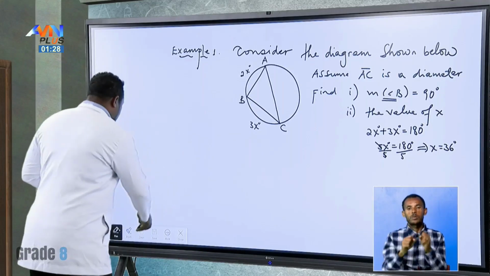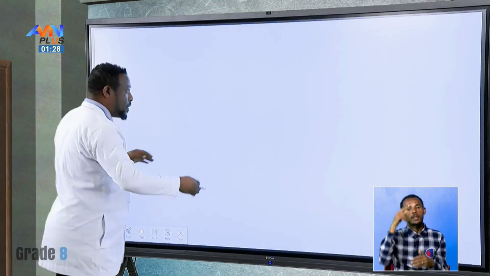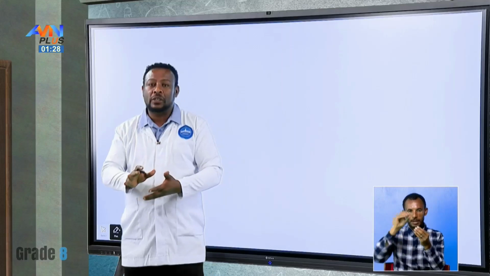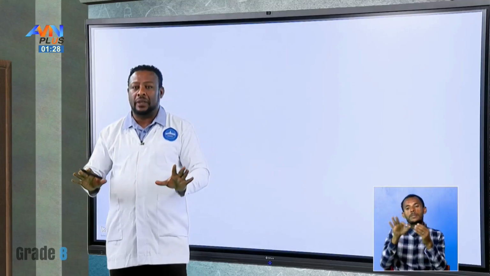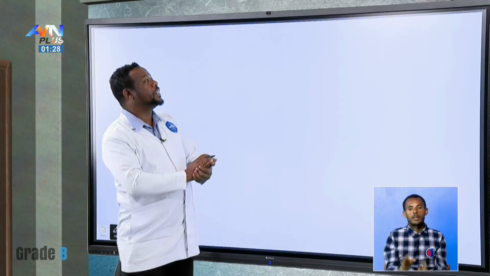So let's see the next theorem, okay? We have already seen the theorem that deals with an angle subtended by a semicircle. So keep in mind that an inscribed angle subtended by a semicircle is 90 degrees, okay? So let's see the second theorem.